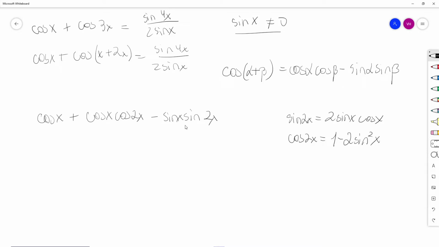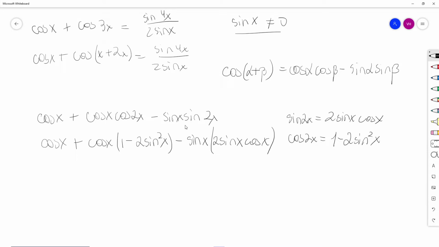Okay, so let's open this whole thing up and see what we get. Cos x plus cos x times 1 minus 2 sine squared x minus sine x times 2 sine x cos x.